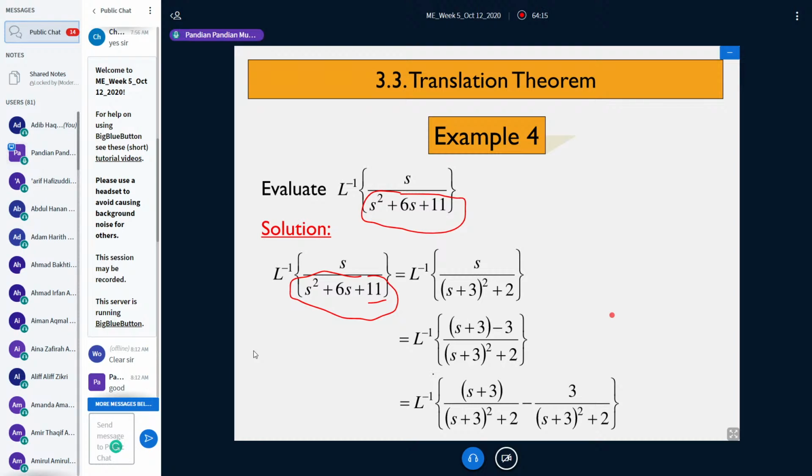So how to do that? Watch this carefully, class. This is S. This is S plus, S, we don't know yet. This one, S squared plus 6S plus 11.